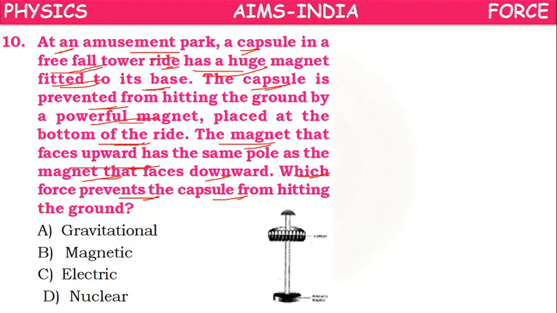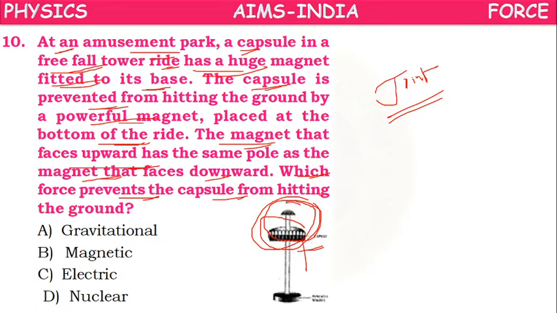So here, children, in an amusement park, let's take this as a capsule. Actually, it's a kind of joint. We have a machine, and in the machine we have an upper joint which is called the capsule.